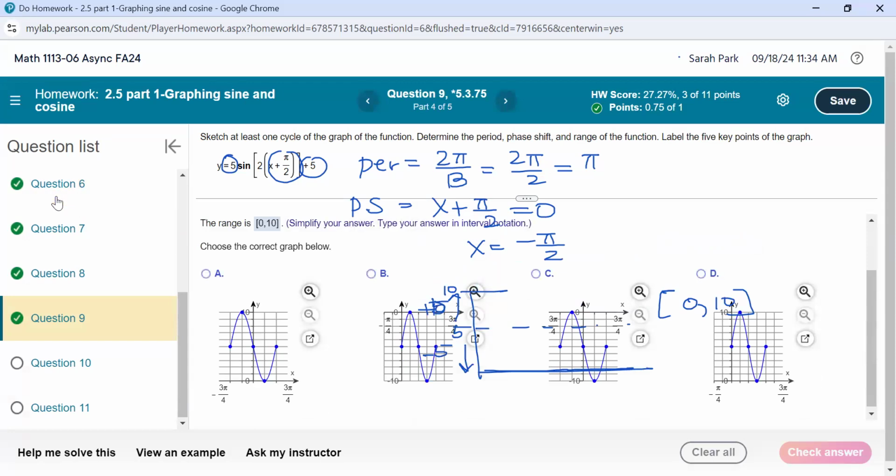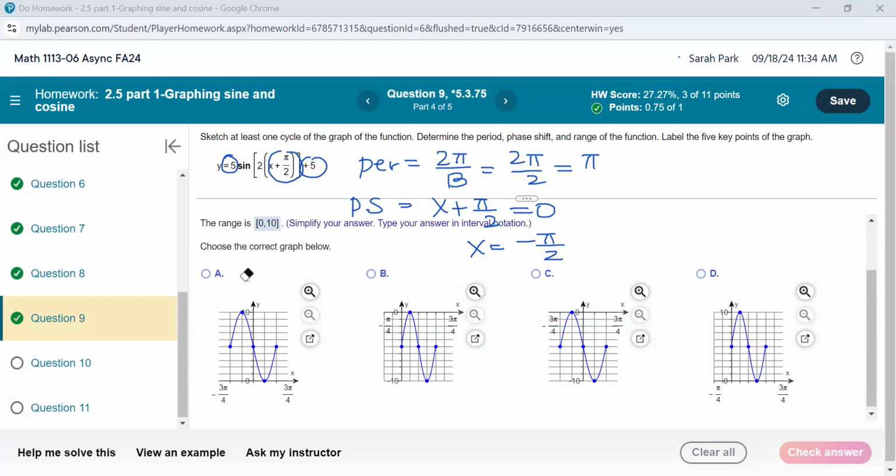And to find the correct one, we need to find the midline that has a positive 5. So it's either this one, A, or kind of hard to see, or this one. Okay, these have midlines at negative 5.